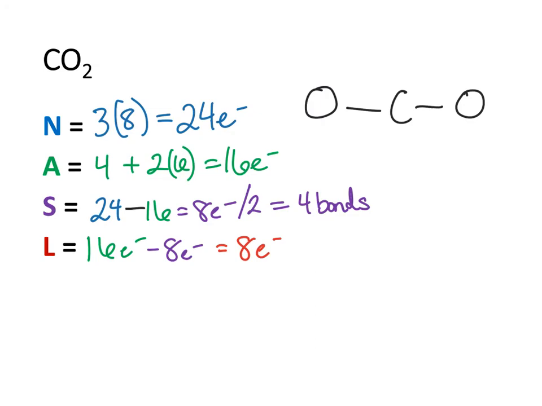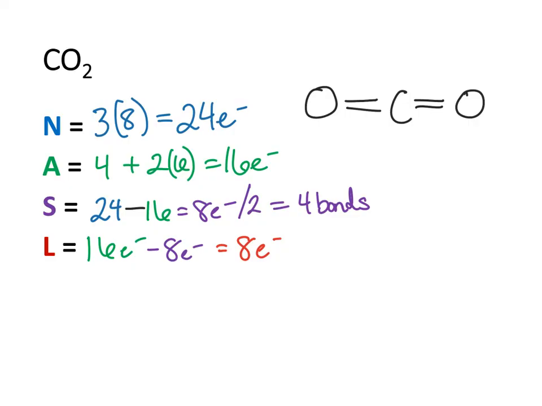Double bonds are exactly what they sound like: 2 bonds between the same pair of atoms. In this case, each oxygen atom is double bonded to the carbon atom in the middle. Looking at my structure right now, I can see that carbon has 8 electrons attached to it. So carbon has reached its octet.